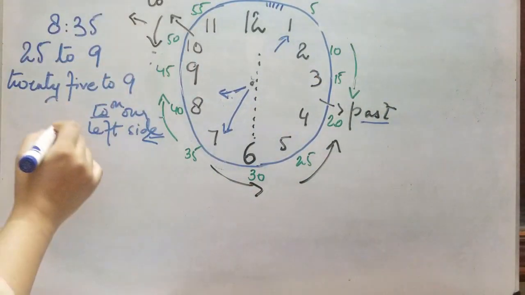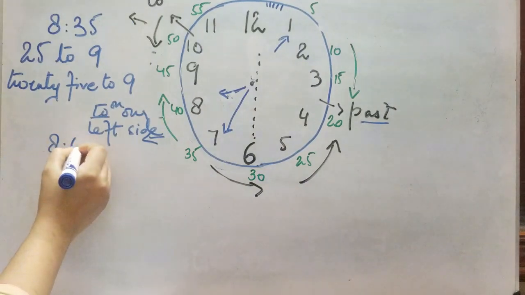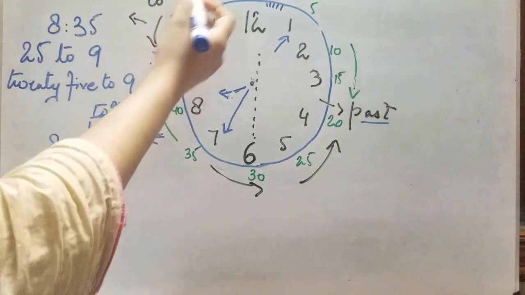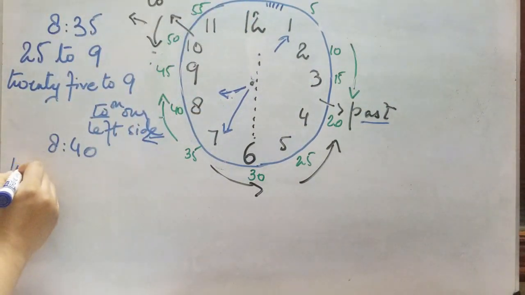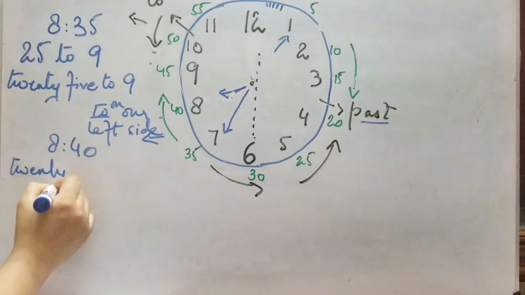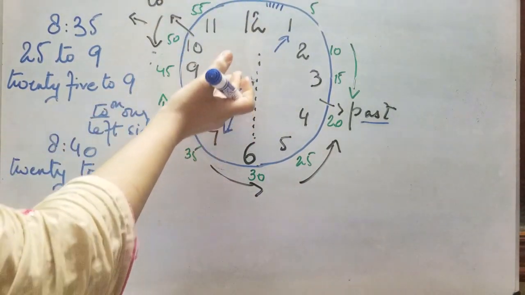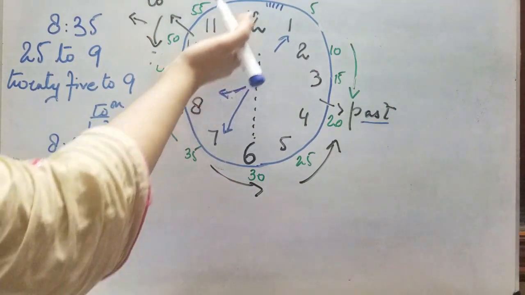Similarly, if it was 8:40, I'll give you a moment to think about it. How are you going to read it out? Okay, I hope you got it. What was your answer? It was 20 minutes to 9 or 20 to 9, right? 20 to 9, that means 20 minutes are left for 9 o'clock.